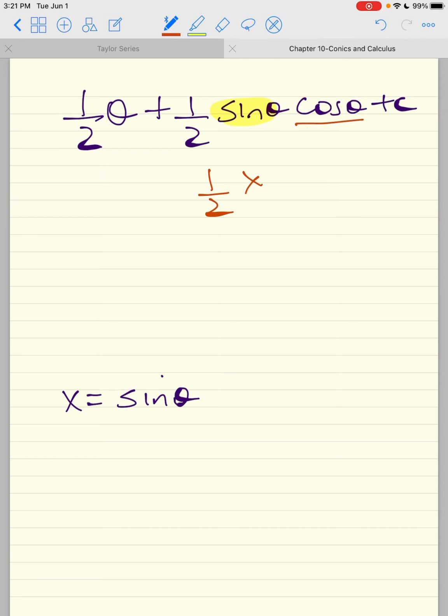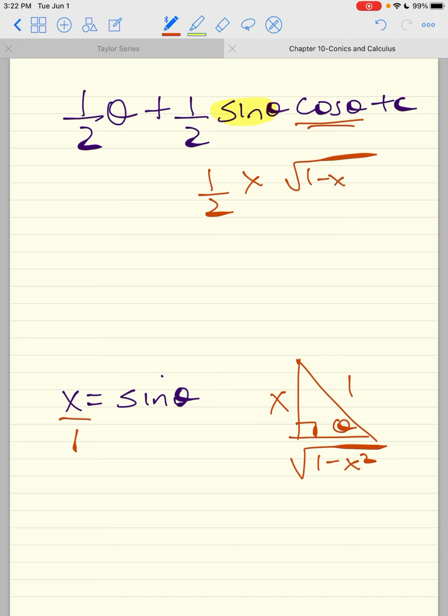And in order to find cosine, I'm going to create a right triangle, put my little theta there. We know that trigs are always ratios, so sine is opposite over hypotenuse. We can fill out the adjacent by doing a squared plus b squared equals c squared, so that would give me this. And then cosine is going to be adjacent over 1, so therefore I get the square root of 1 minus x squared over 1.